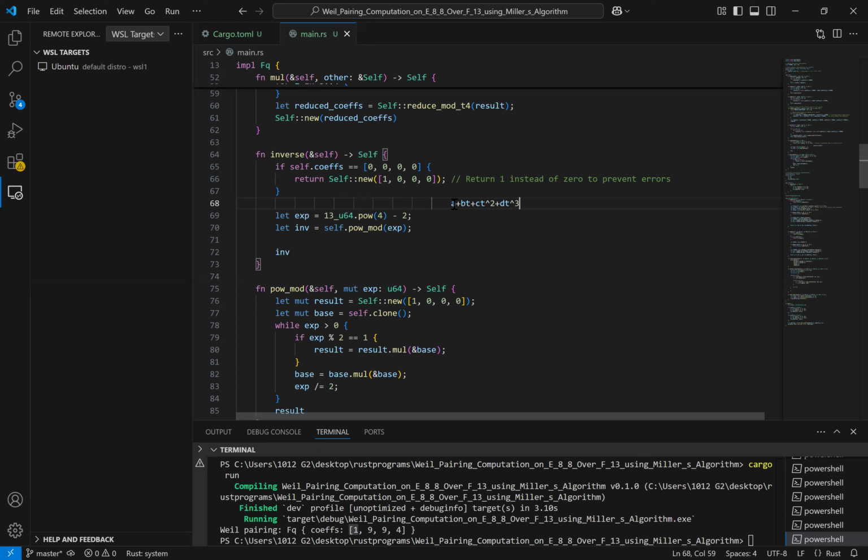So then we're saying the result is 1 because BT is 0, CT squared is 0, DT cubed is 0, and the only constant we have is 1. So our A is 1. When you multiply two elements which are inverses of each other, the product should be 1.